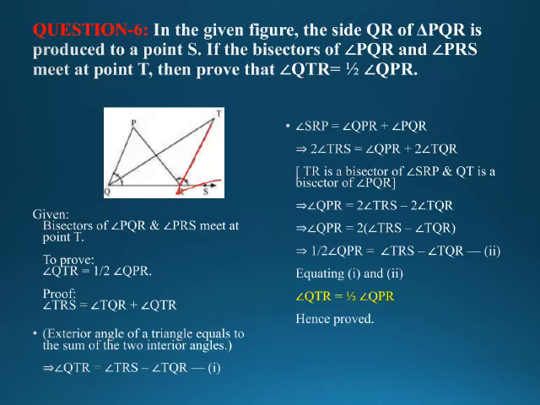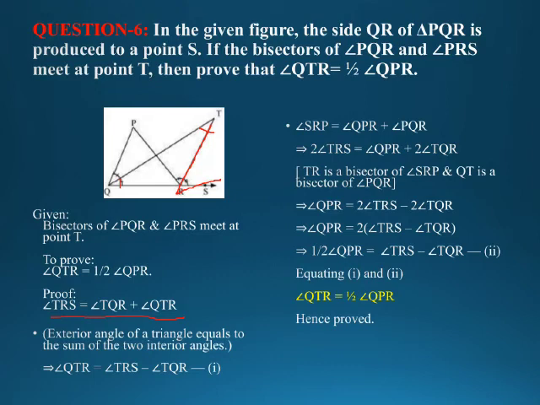Angle TRS equals angle TQR plus angle QTR. Angle TRS is the exterior angle, and angle QTR and angle TQR are two interior angles. Already we know exterior angle equals the sum of two interior angles.